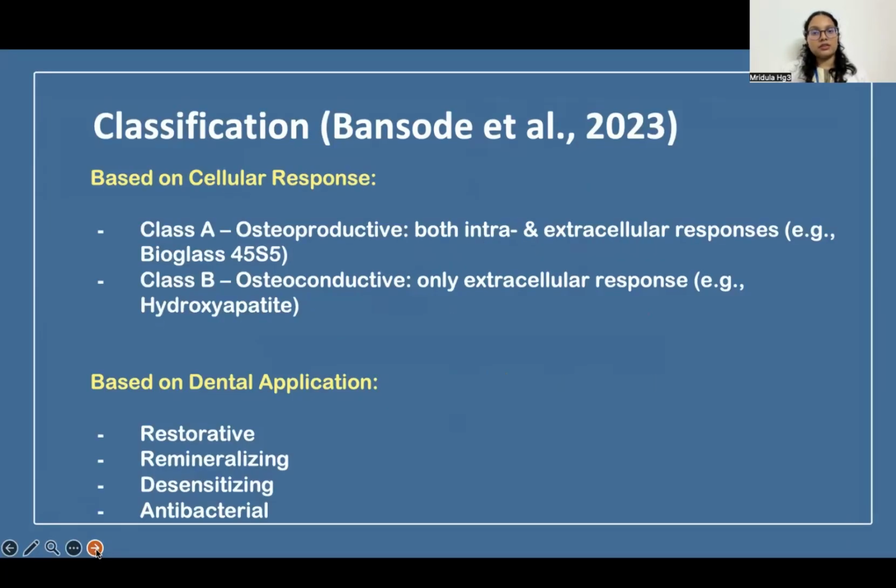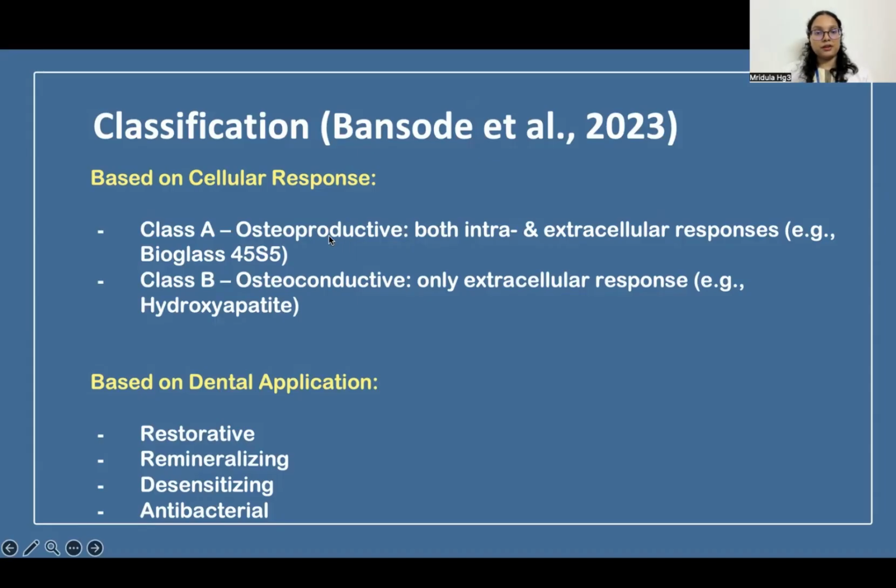Moving on to the classification, it was given by Bansod et al. in the year 2023. Based on the cellular response, they are classified as class A, osteoproductive, and class B, osteoconductive. Osteoproductive has both intra and extracellular responses.